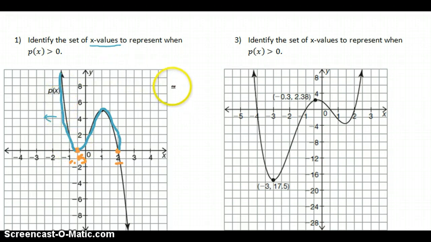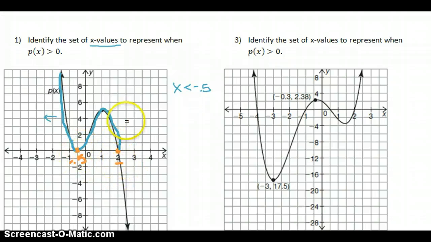But when we write it as a solution, we talk about the x values, and all of the x values are less than that negative 0.5. Whenever the x value is less than negative 0.5, like negative 1, the graph is positive. If it was negative 2, the graph would be positive. Likewise, the graph is positive, or greater than 0, in this whole section, from negative 0.5 to positive 2.